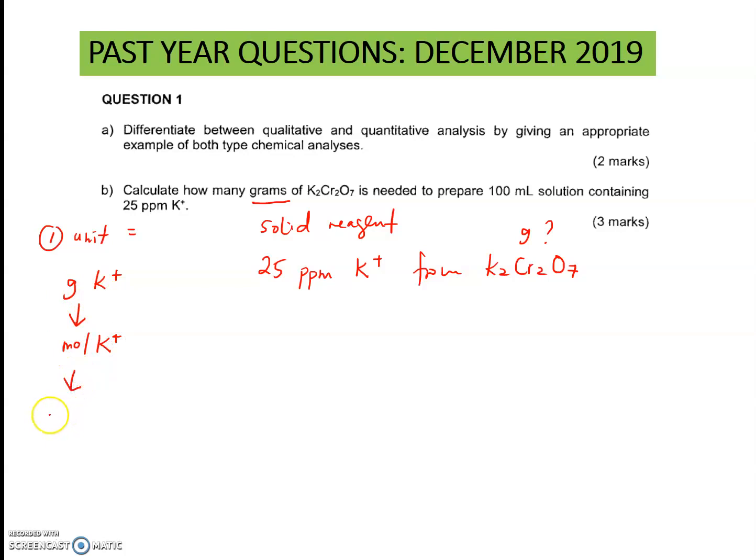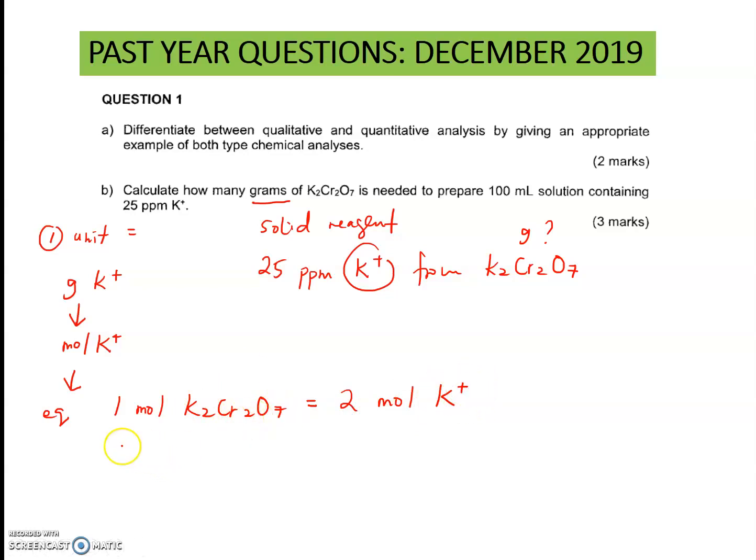And then from the equation, 1 mole potassium dichromate, how many moles of potassium? You just look at the molecule. There are 2 moles of potassium.